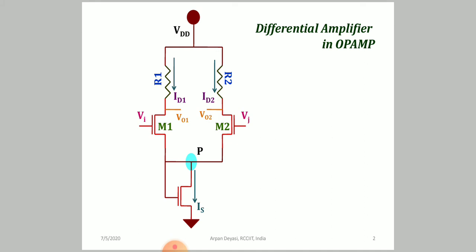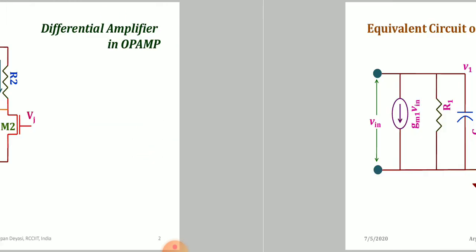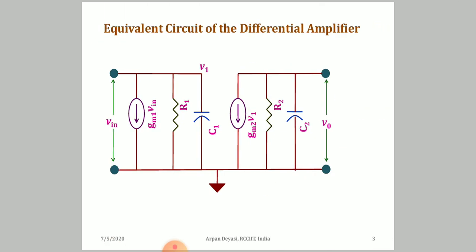Since we are going for a practical circuit, I have represented this differential amplifier by 3 MOSFETs. Let me now go to the actual equivalent circuit of the OPAMP, which we are going to discuss.